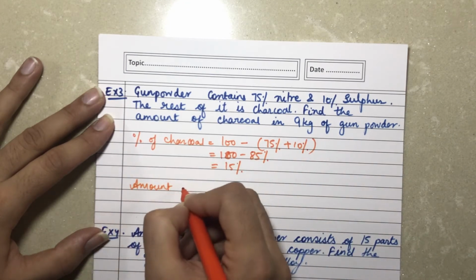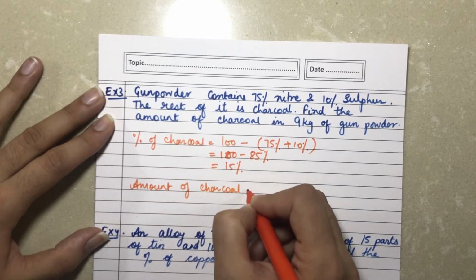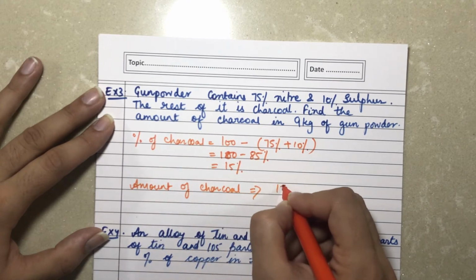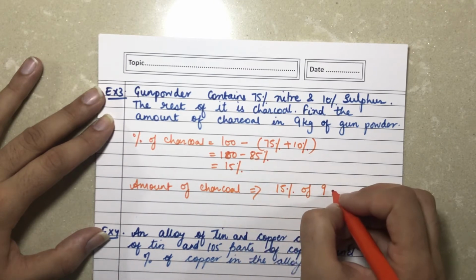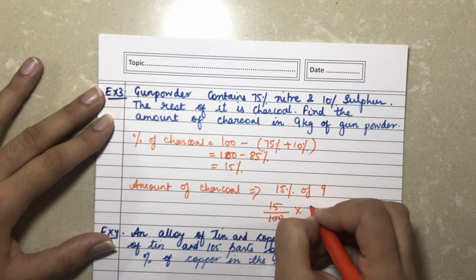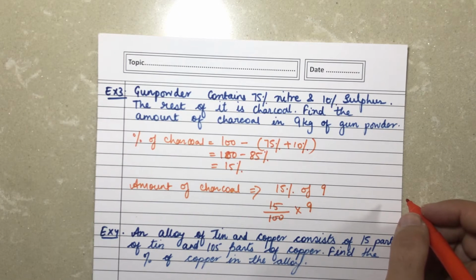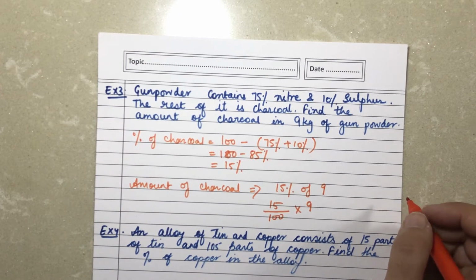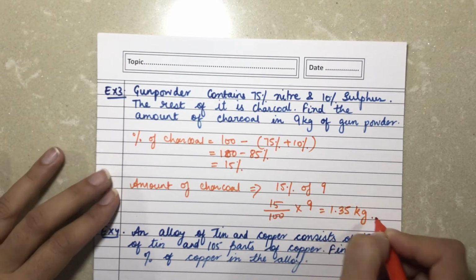Amount of charcoal is equal to 15% of 9, right? So this becomes 15 upon 100 into 9. And when I solve this after the calculation, I'm going to get the answer as 1.35 kgs.